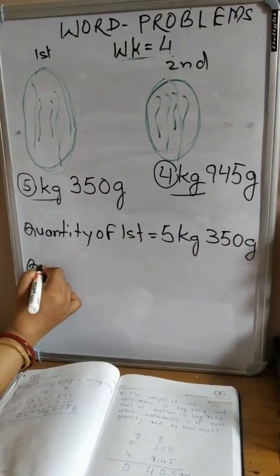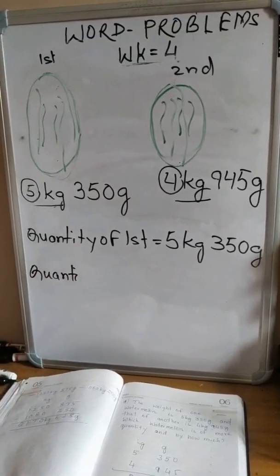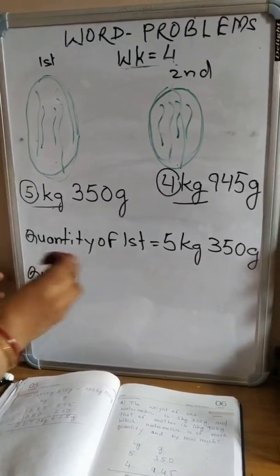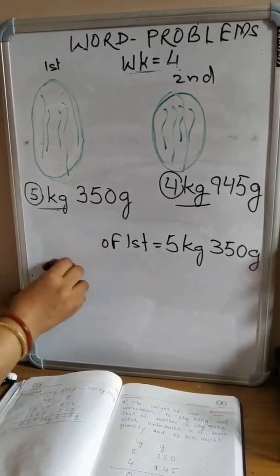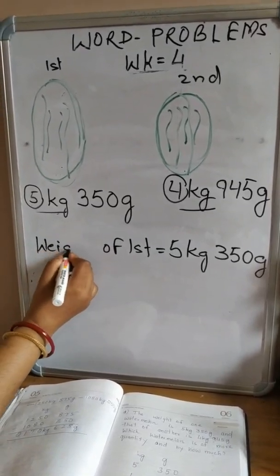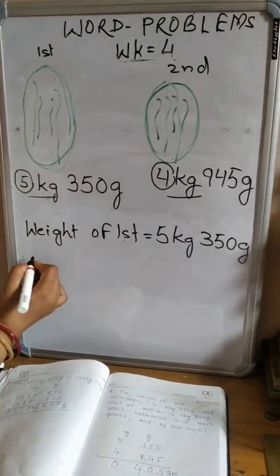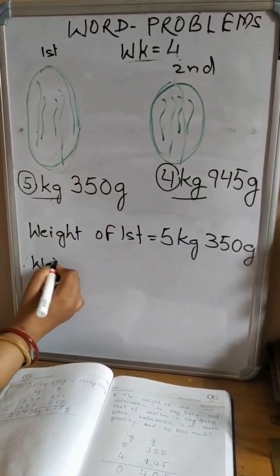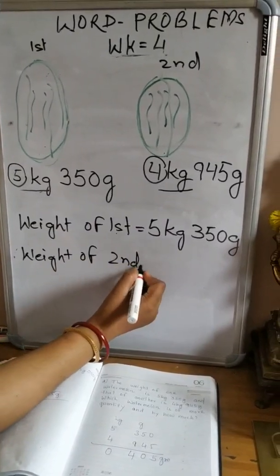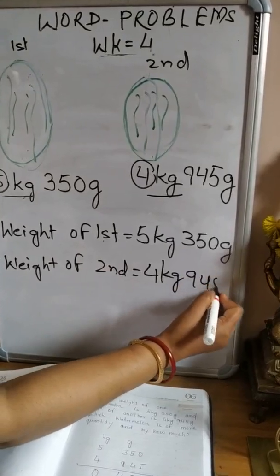Now you can say the weight of the first, this 5 kilogram 350 gram, and the weight of the second watermelon, that is 4 kilogram and 945 gram.